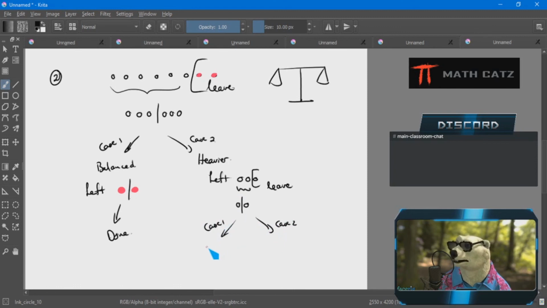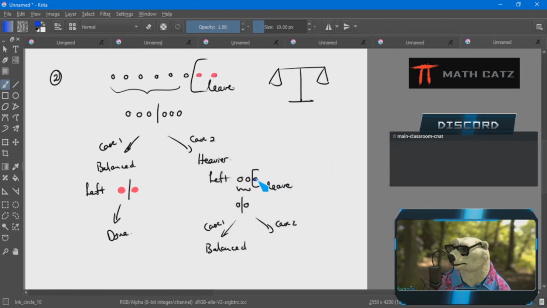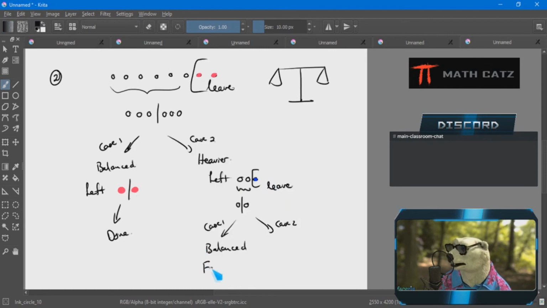Case 1 is it's balanced. That means, let's make it a blue one, let's make this guy blue. That means I found the heavy one. I found bluey, and I'm done.